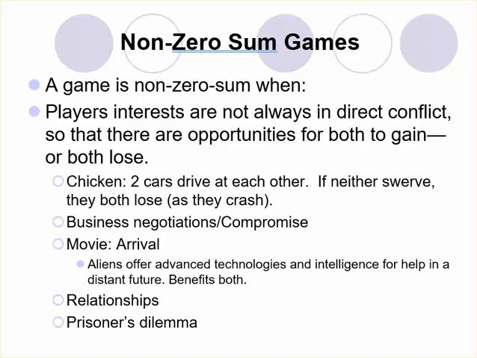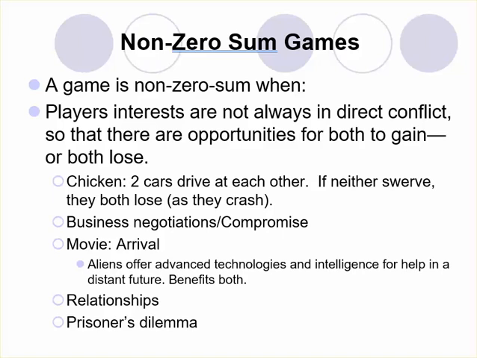A non zero sum game means that our interest might not be in conflict. So it's possible that we could both win, have some benefits, or it's possible that we could both lose. So, for example, you might play a game of chicken where your cars are driving on each other.